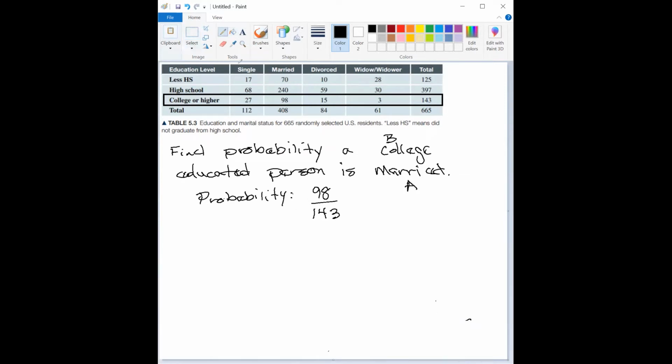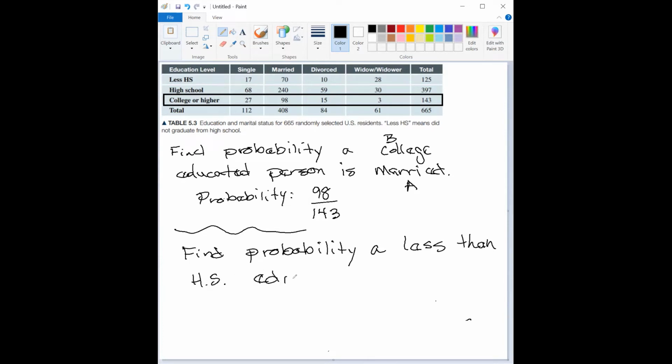All right, so the second example we were going to do, I forgot. So we want to find the probability a less than high school educated person is married.